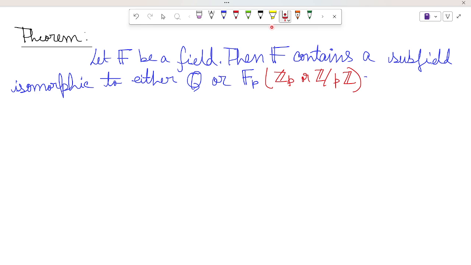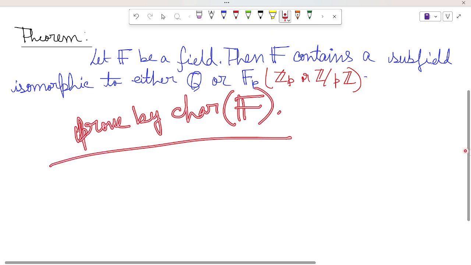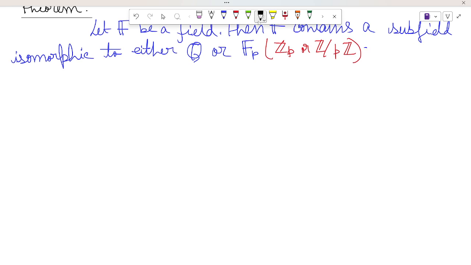We will prove it using the property of the characteristic of F. How does the proof go on? So, proof.